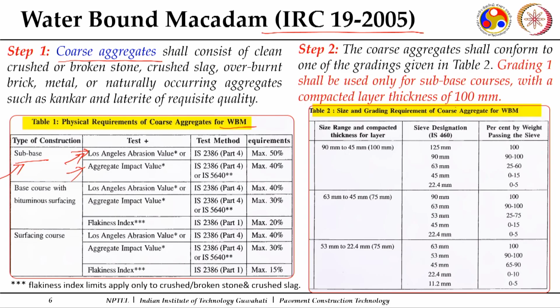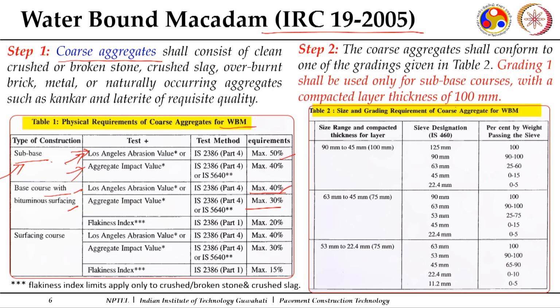In addition, if it is to be used as a base course on top of which a bituminous course will come up, then the requirements are here. You can see the requirements become stricter when you are using it in an upper course. When I am using it in a sub-base course, the maximum Los Angeles abrasion value can be up to 50%, but here it is reduced to 40%.